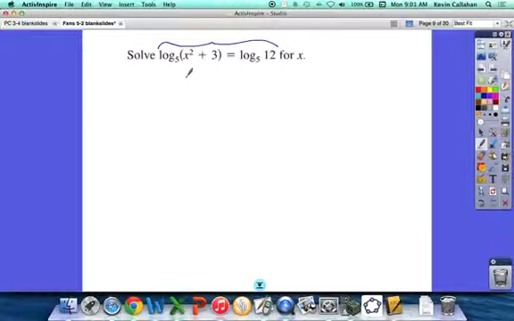So you're going to set up x squared plus 3 equals 12. Right, that's here and here. No reason for the logarithms anymore. We just set the arguments equal to each other and solve. X squared equals 9, x equals plus or minus 3.